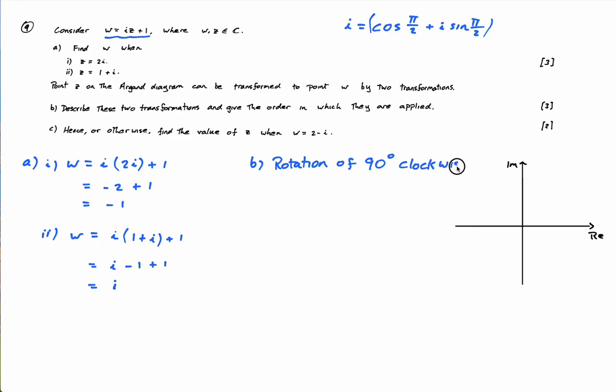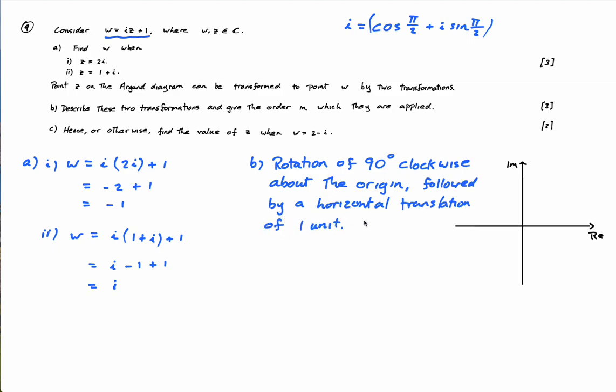You have to put in the direction, and it's clockwise because this is like a positive angle. A rotation of 90 degrees clockwise about the origin, and it's always about the origin when you multiply by a complex number, followed by a horizontal translation of 1 unit.